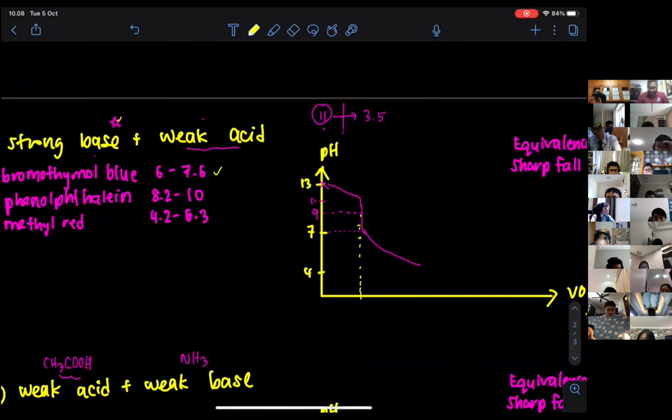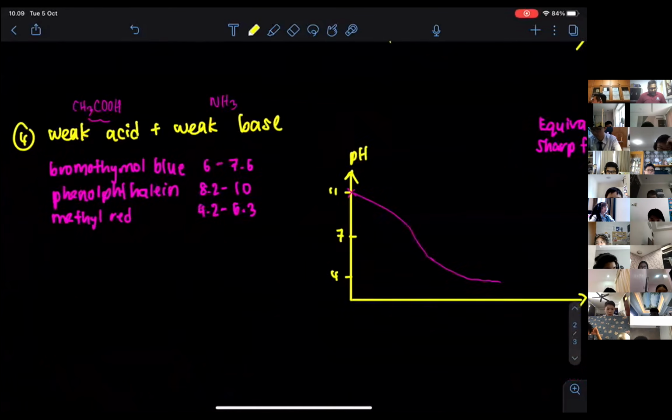Phenolphthalein 8.2 to 10, 8 will be somewhere here, 10 should be somewhere here, within the range, yeah, can use. 4.2 to 6.3 are not at the sharp drop, so therefore cannot use. So this is how we select the indicators that we want to use. Cannot simply use any type of indicator.